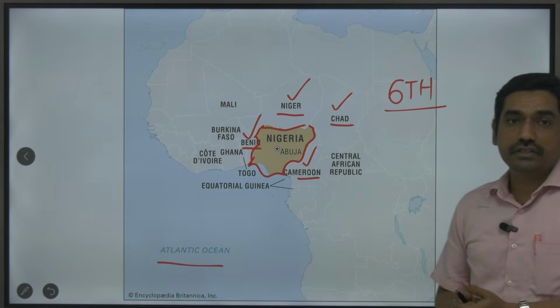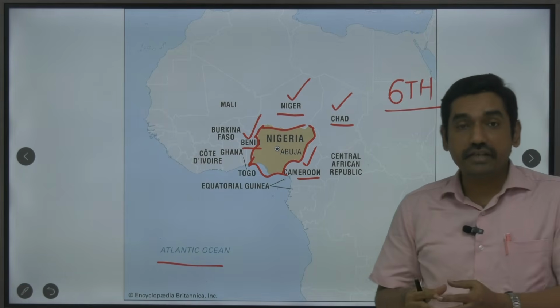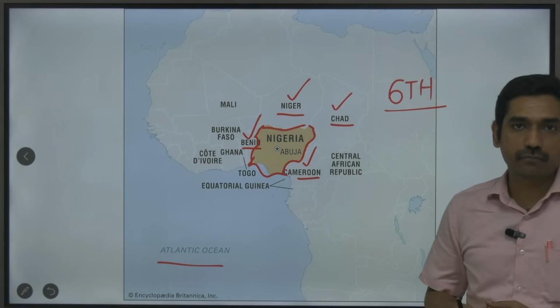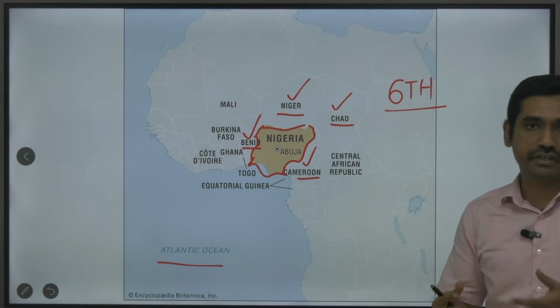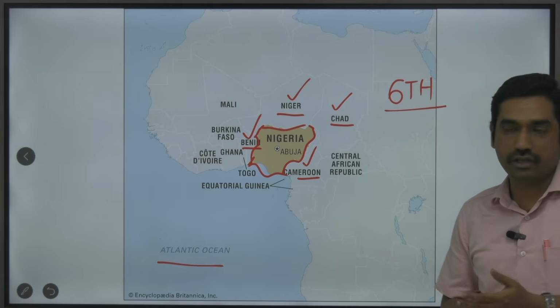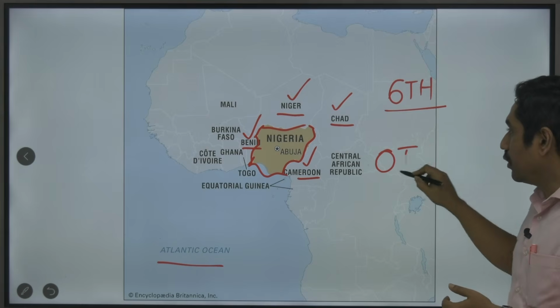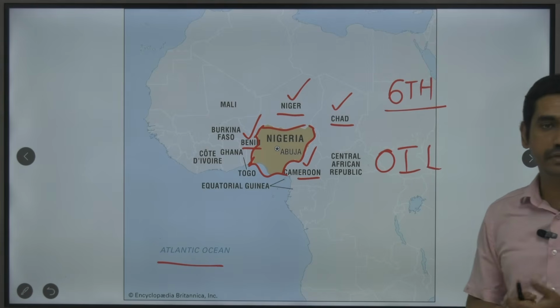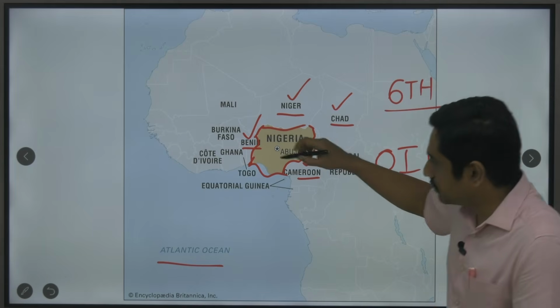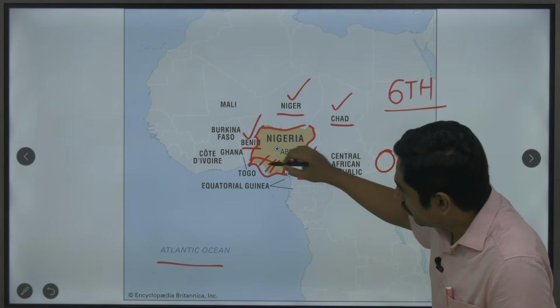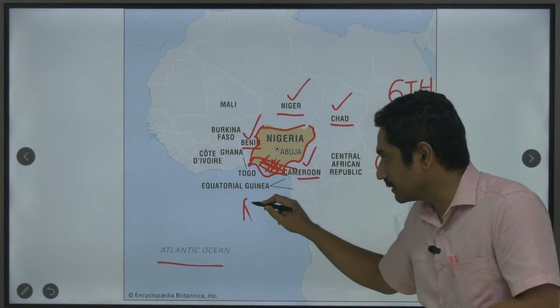Now, the second thing which you have to know about Nigeria is its importance for economic resources. One of the biggest exported commodities and the largest revenue for Nigeria comes from oil. And when it comes to oil resources in Nigeria, you have to understand that most of the oil resources are concentrated in the south, especially closer to the Niger River Delta.